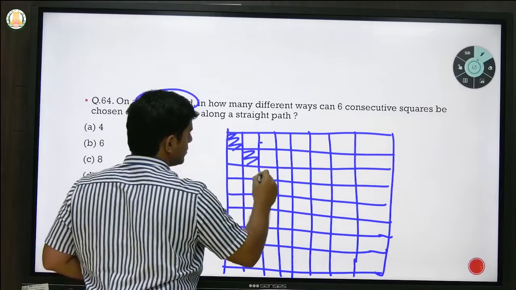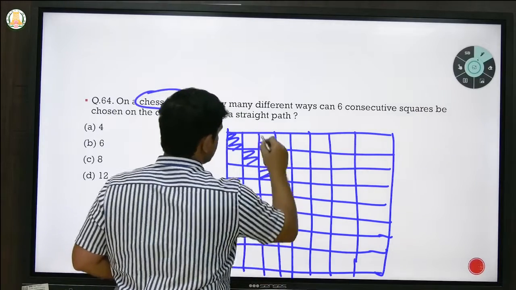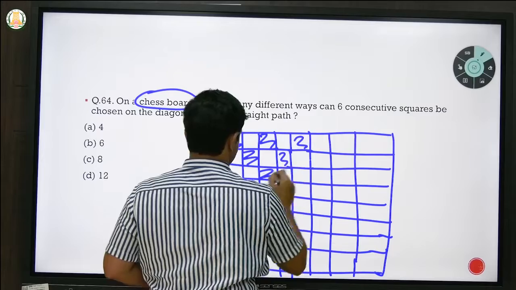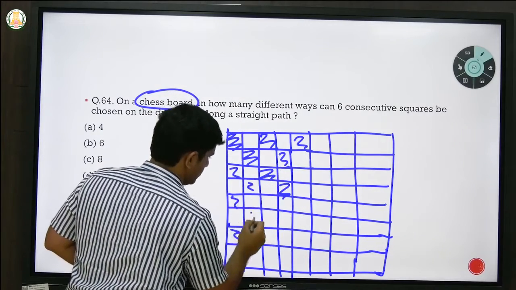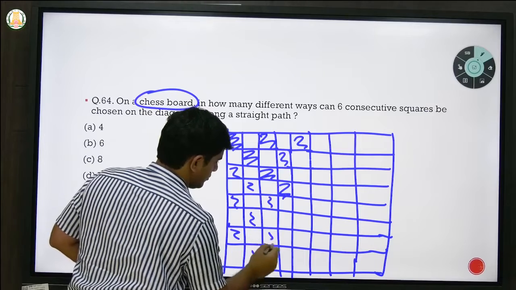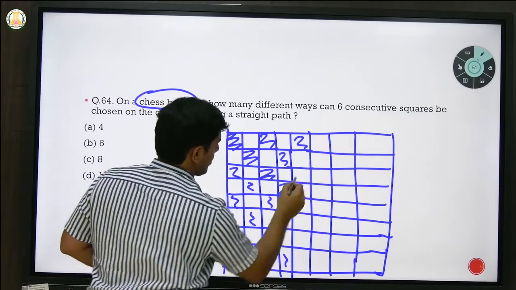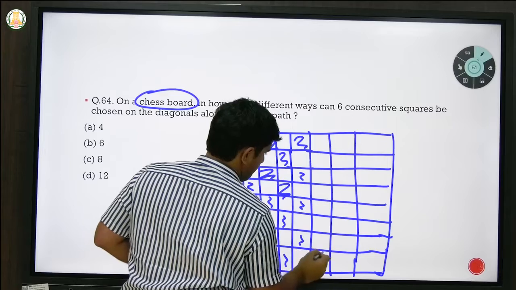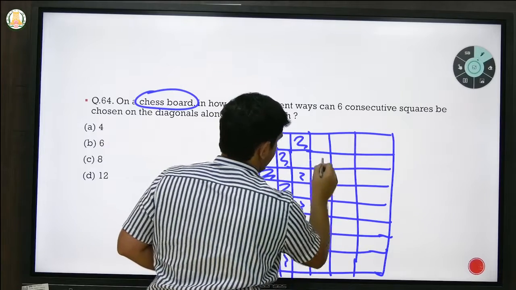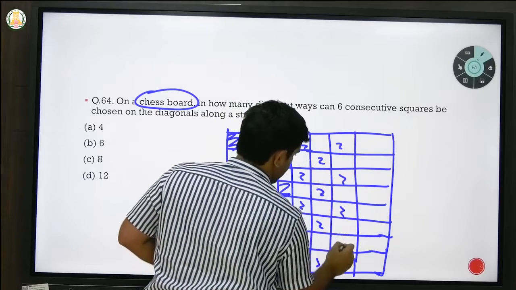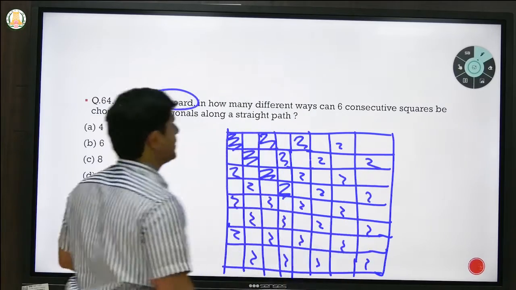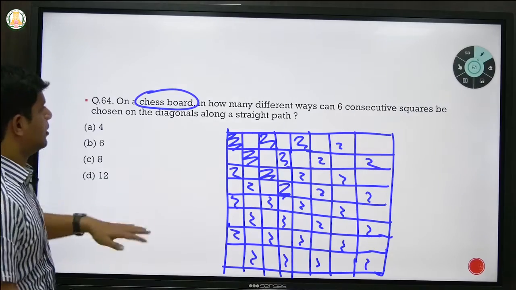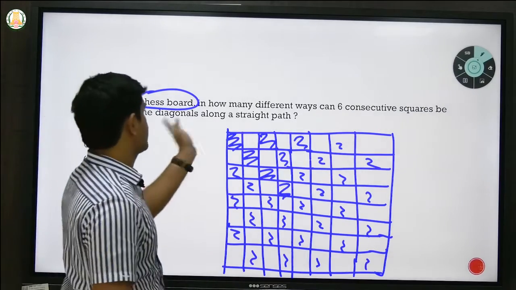You just color them for your convenience. Okay, so these are the black squares, let's assume. Now, once we have the board in front of us, let's go forward.